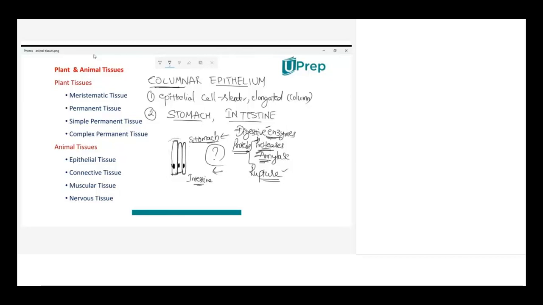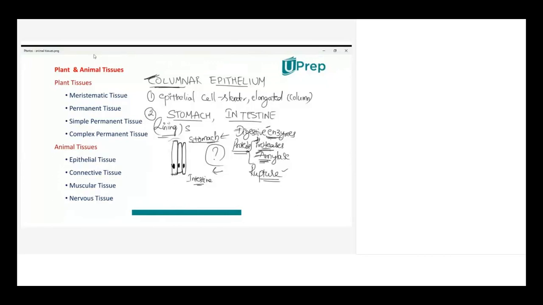Okay. So here comes the columnar epithelial cells. What the columnar epithelial cells will do is they will be present at the lining. This is the word they have used in some books, and I think in your ebook also the same word, lining. Lining is nothing but the surface, especially the inner surface.